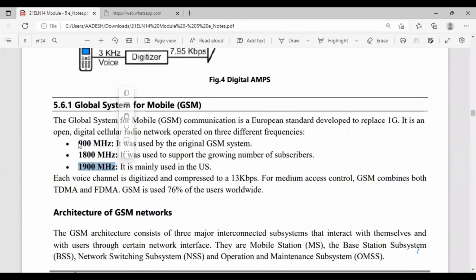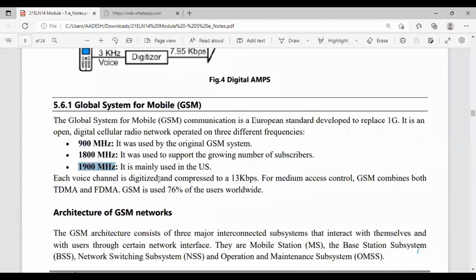Initially it used only 900 megahertz. This was the original GSM. After that, as the users grew, it used 1800 megahertz, and again 1900 megahertz, right?